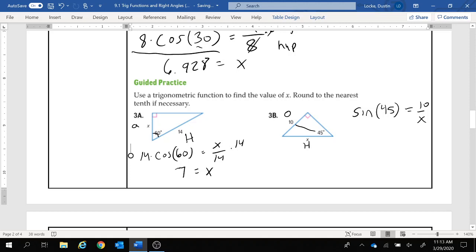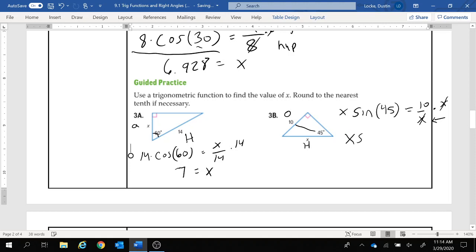So now the trick with this one, however, is if I'm trying to solve for x, notice how x is in your denominator this time. So instead of multiplying by 10 on each side, we actually want to get x out of the denominator by multiplying x to both sides. So the x's will cross out.